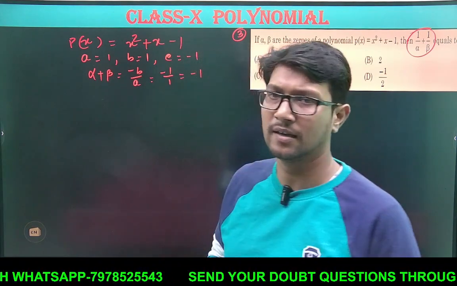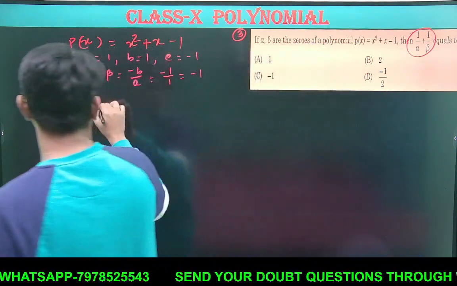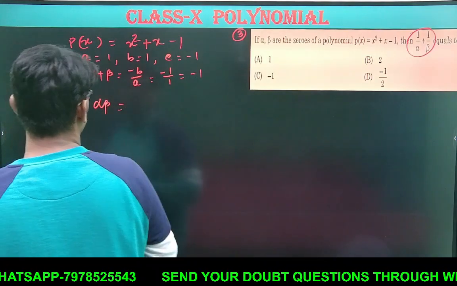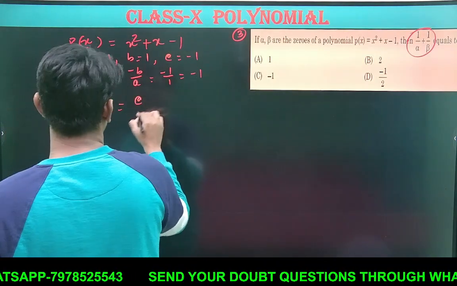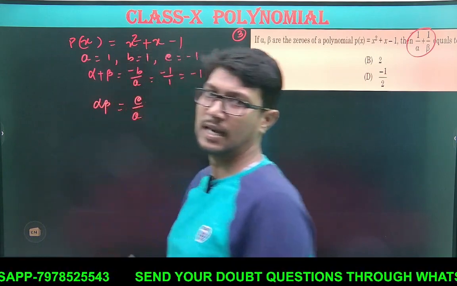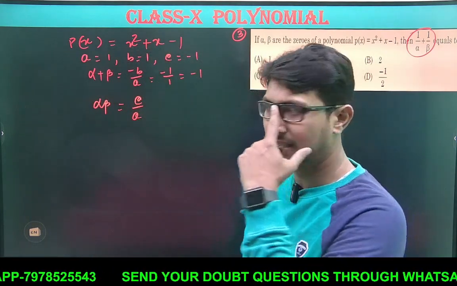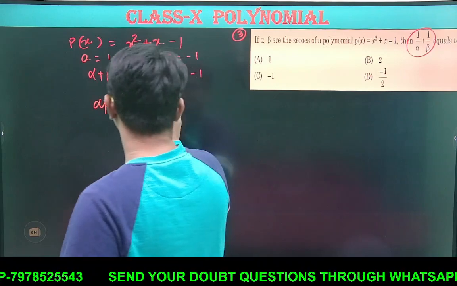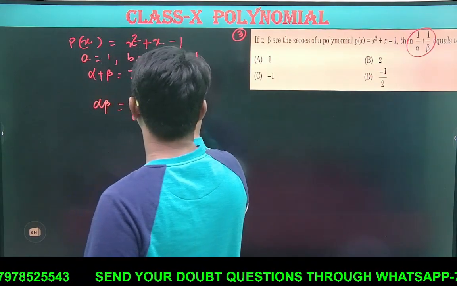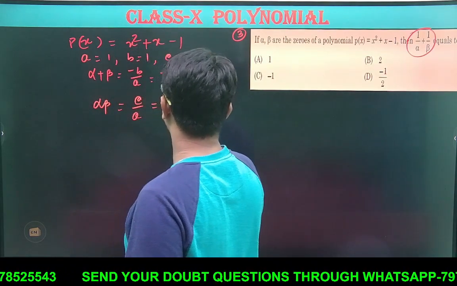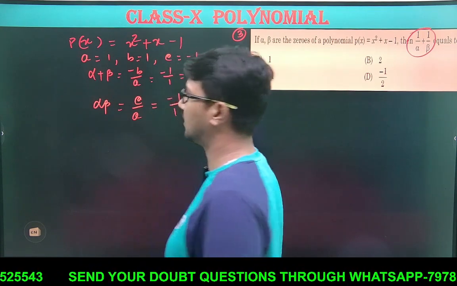Then alpha into beta is equal to C by A, right? So we can write minus 1 by 1, which is also minus 1.